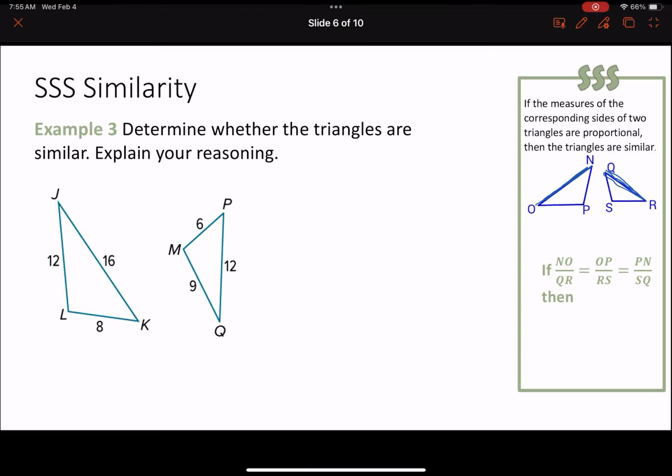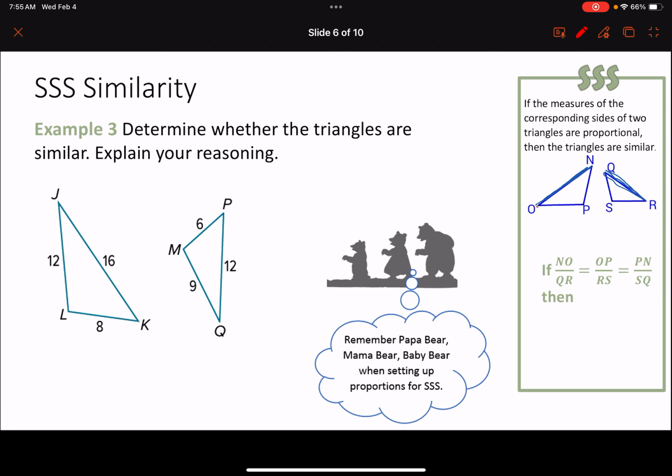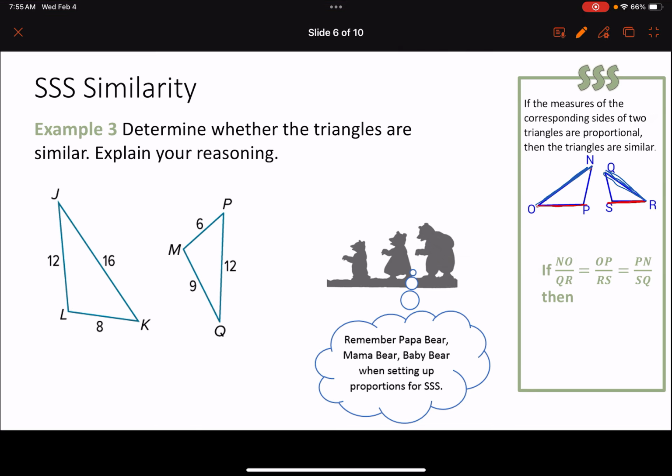So if NO over QR is proportional to the distance between OP and SR, or RS, and that's proportional to the distance between NP or PN and QS, then these two triangles have to be similar.